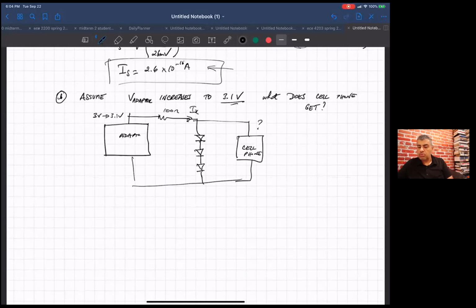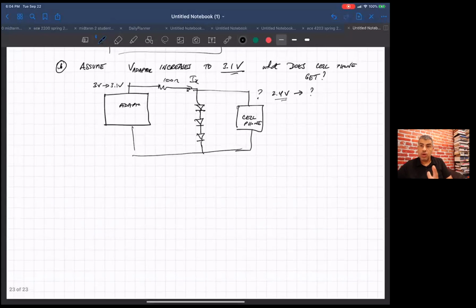So you have to assume the current goes to something, get the new VD ons, and then see if those VD ons will affect the current. This guy is not going to stay at 2.4 volts. The question is, what does it go to? As soon as this changes, it changes the I sub x, which changes the VD ons. And this is why it can get to be a complicated problem.